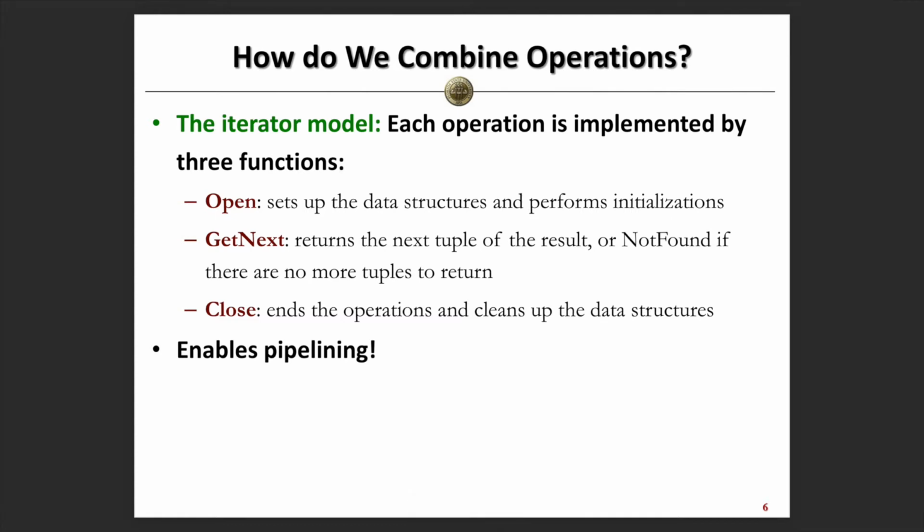The getNext function returns the next tuple of the result, or not found if there are no more tuples to return. And the close function ends the operation and cleans up the data structures. With these three functions, the iterator model enables the operation for each node inside the logical tree. It also enables a functional pipeline for processing queries in the logical tree for database systems.